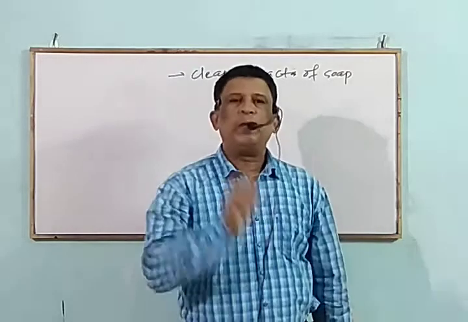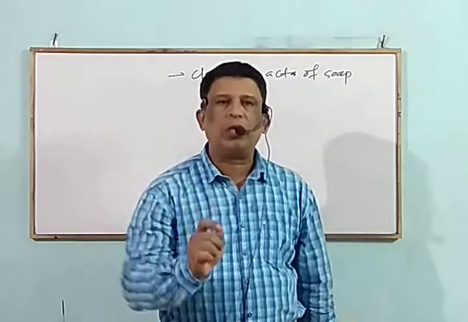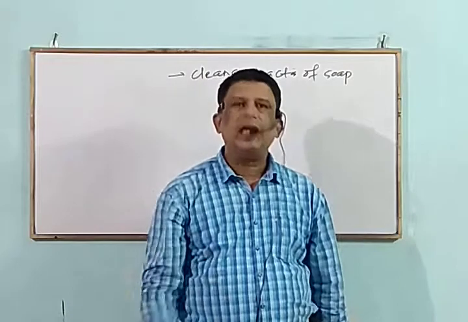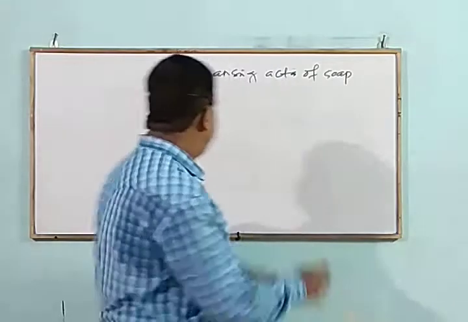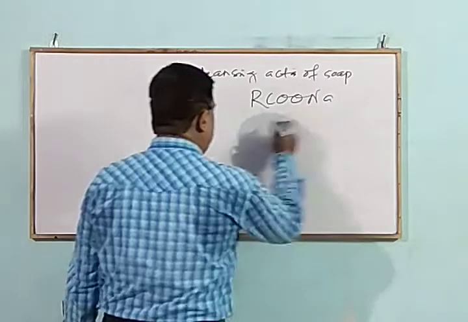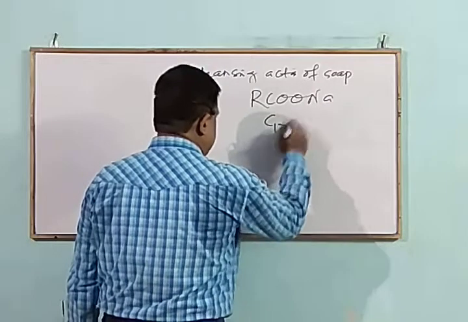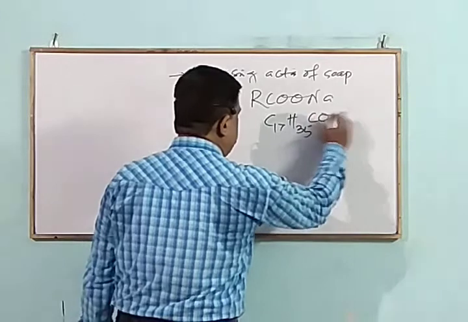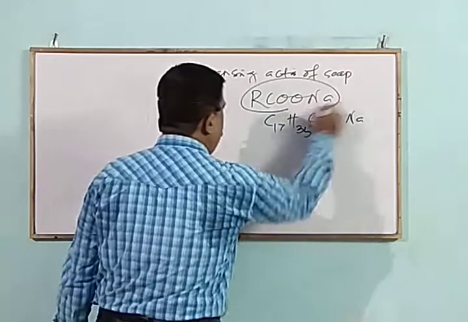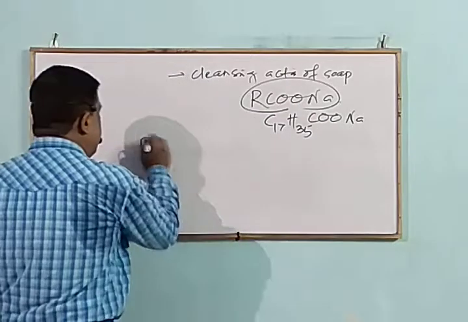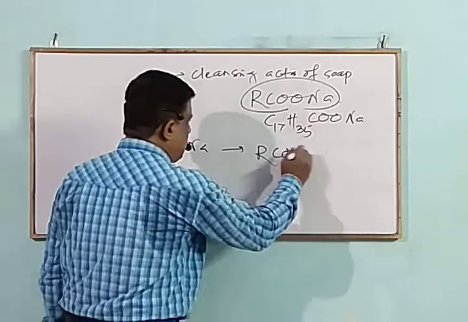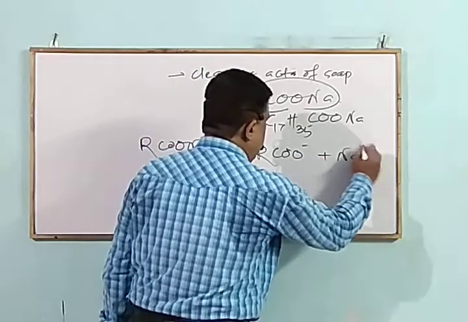Soap is the sodium or potassium salt of higher fatty acids, such as stearic acid, oleic acid, palmitic acid, etc., represented by the formula RCOONa. A suitable example is sodium stearate, C17H35COONa. When it dissociates, it breaks down to form RCOO minus and Na plus.